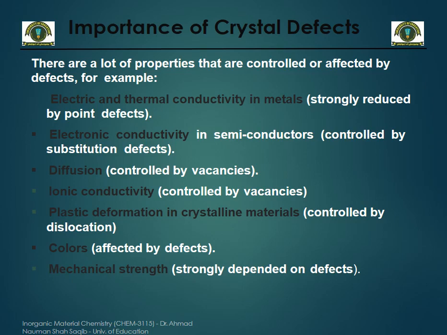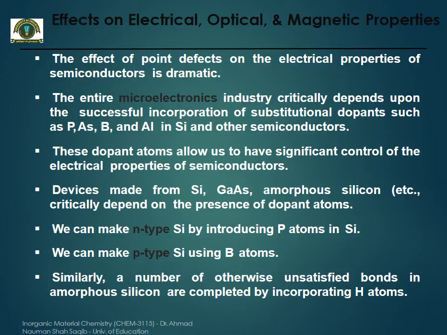As defects vary, the mechanical strength of the crystal also varies. Now, dear students, we will discuss the effects on electrical, optical and magnetic properties, and how these properties are affected by crystal defects.